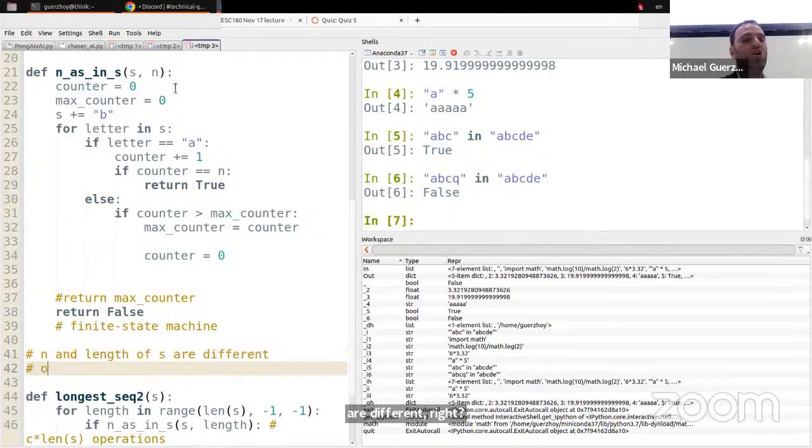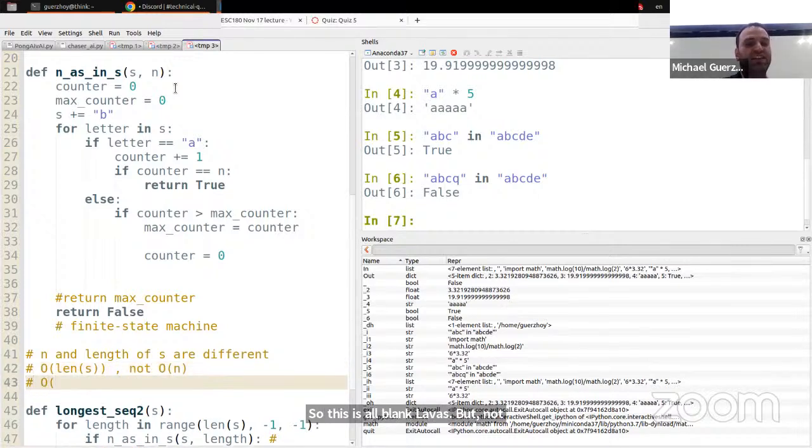So this is O of length of s, but not O of n, because n is something else. You could, of course, always say O of k, where k is equal to length of s, or I suppose you could redefine n. But yeah.